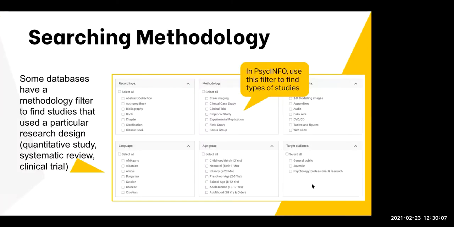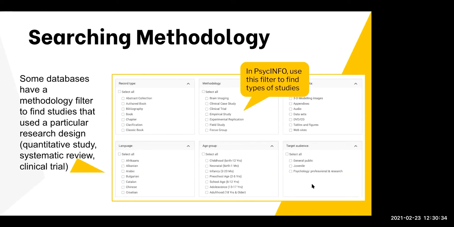One thing you might be interested in doing is searching for a particular type of research study. If you're looking for articles that use a quantitative or qualitative research design, or clinical trials, or a systematic review, you can search by a particular methodology.